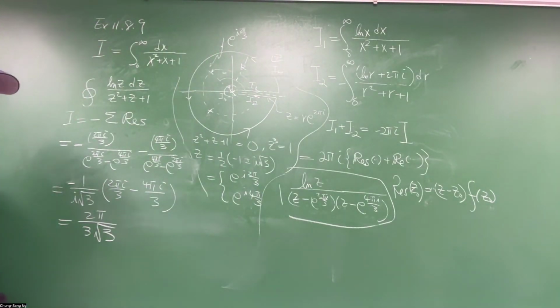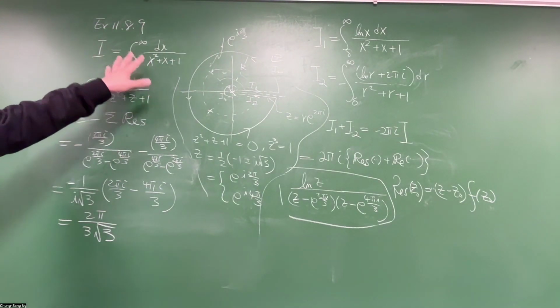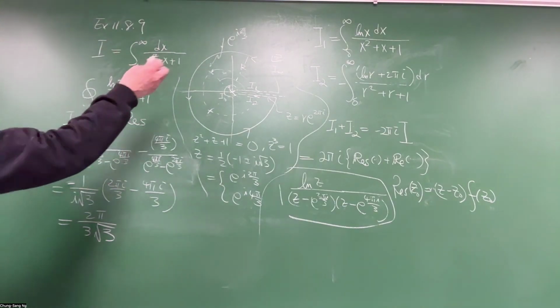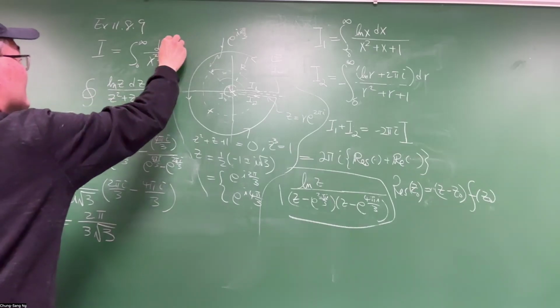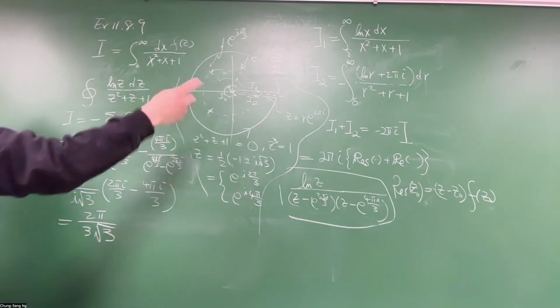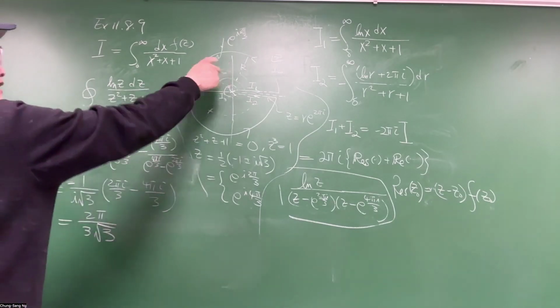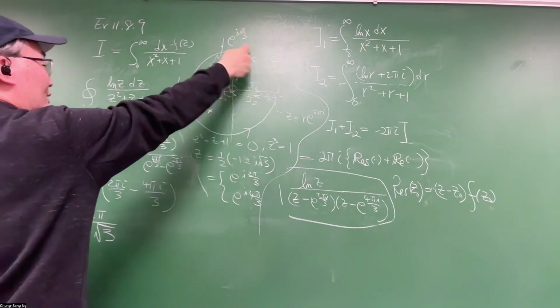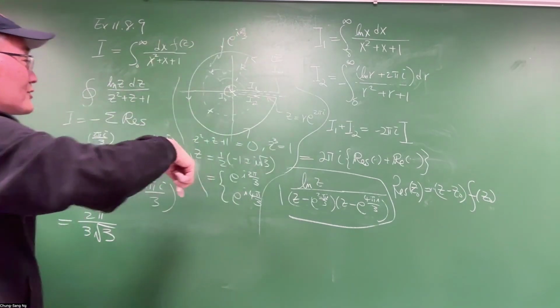But this trick is general enough, because obviously this is just a simple power function or fraction function. You can say any function that has a finite number of singularities, not including infinity, because later on we want to argue that the big circle is 0.